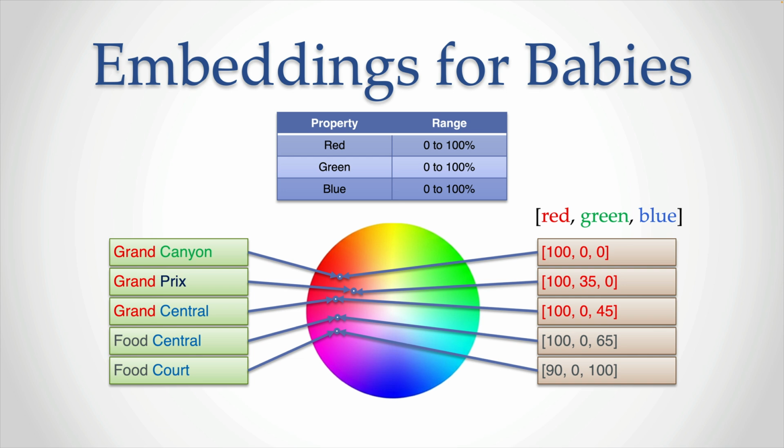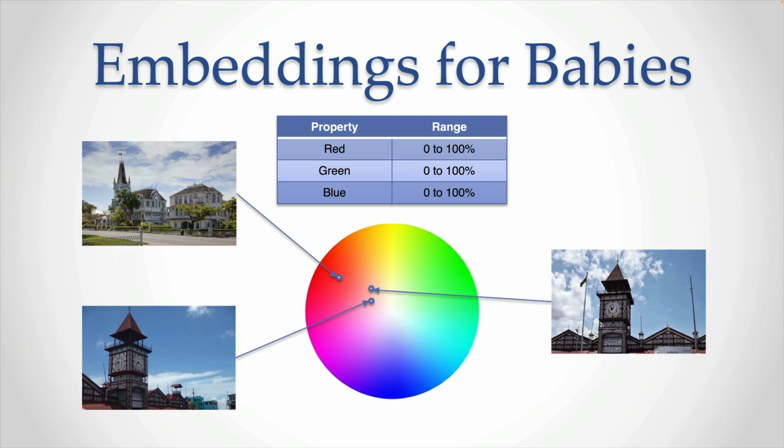And so now that we have this, we can see that it doesn't work for just text only. Let's say I have these pictures, and these are pictures of Georgetown, Guyana. If we take this image of the courthouse and we embed it, let's just say we're taking the entire image, right? Whatever it is, we create a value for this image that's here.